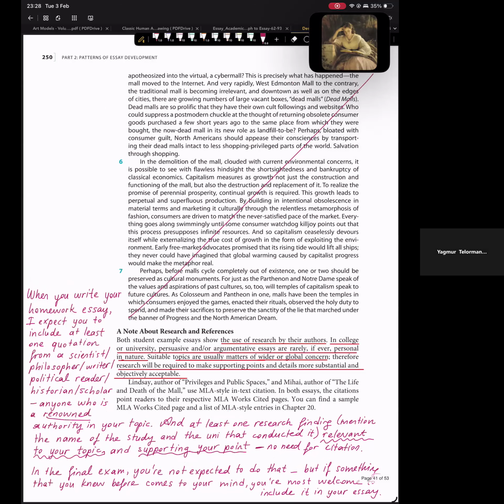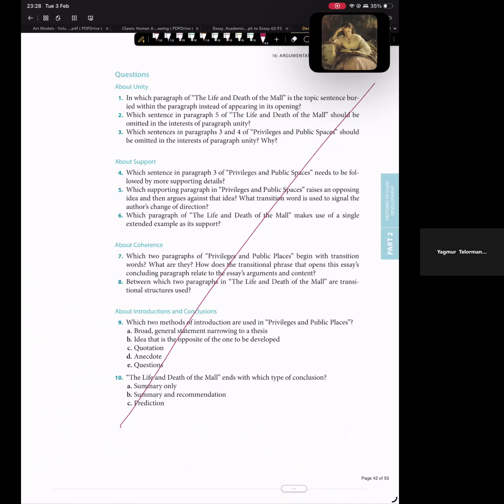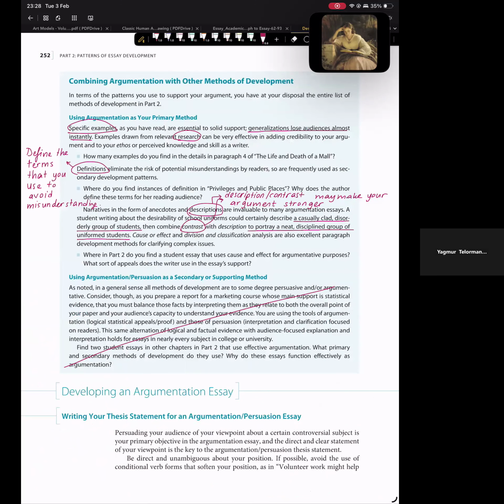If you can remember something that you already know from a famous writer or educator or a philosopher, you can use that if it is related to your argument, if it supports your argument.